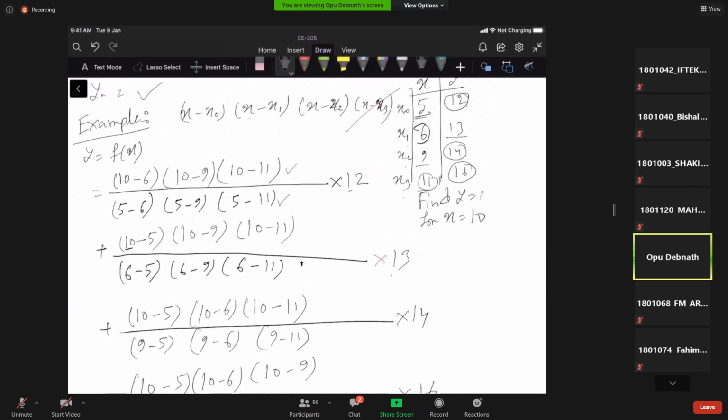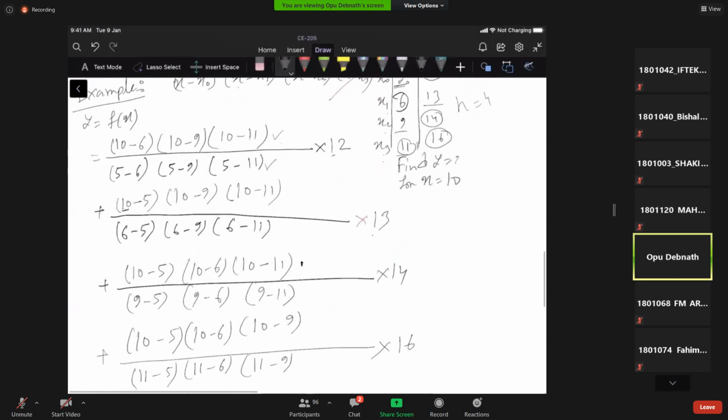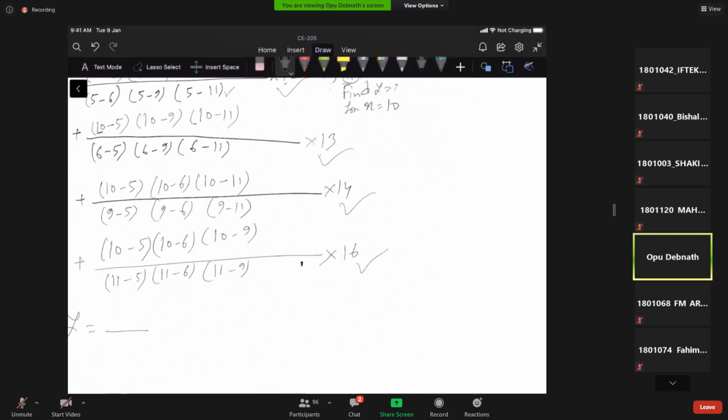If the total n is equal to 4 here, you will get four single individual terms. This one is first, second, third, and fourth. So using these four terms, after the simple calculation, you will get the value of y.